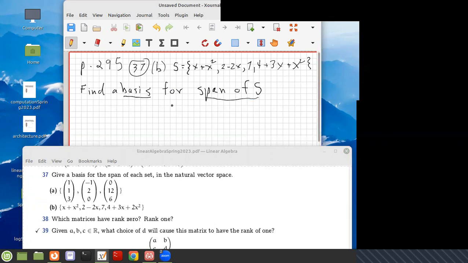A basis is going to be a set or a sequence of linearly independent vectors that span the same space.